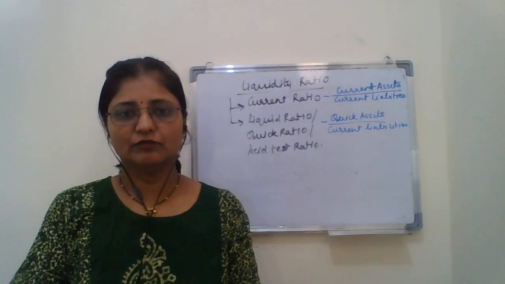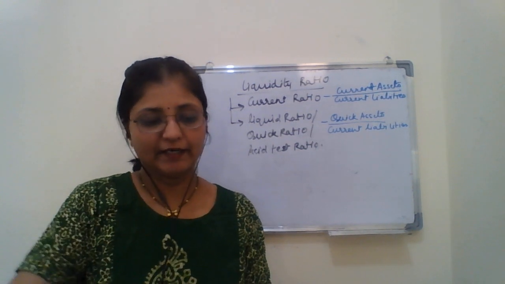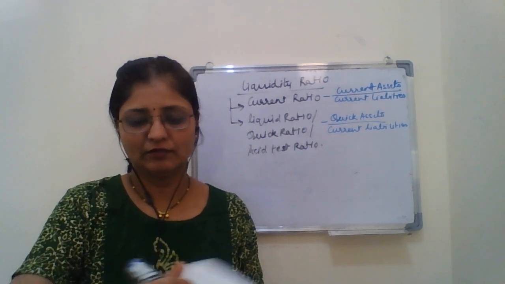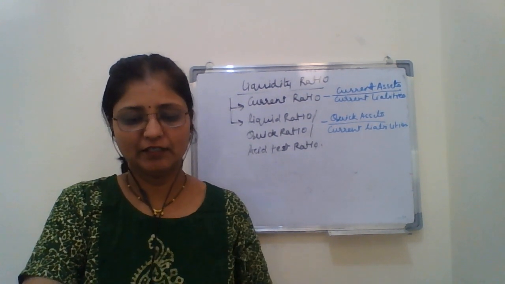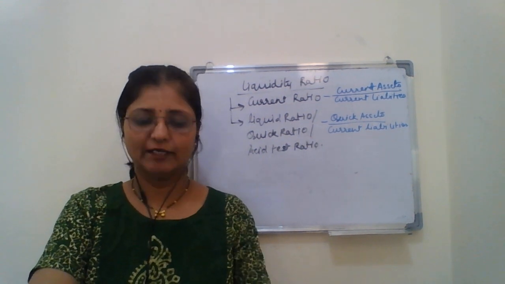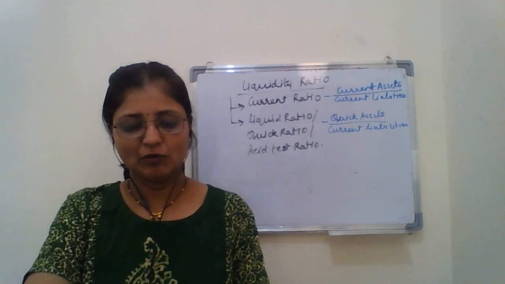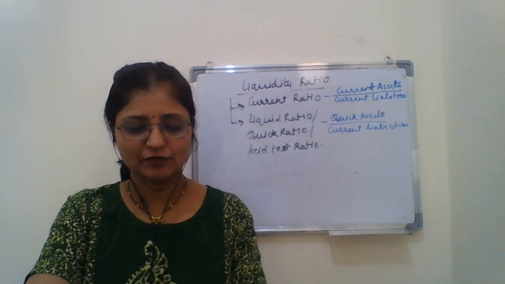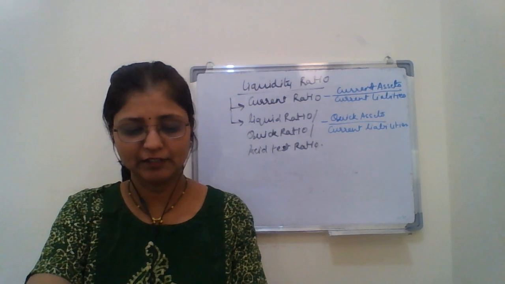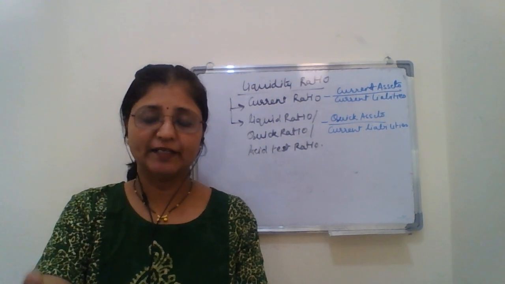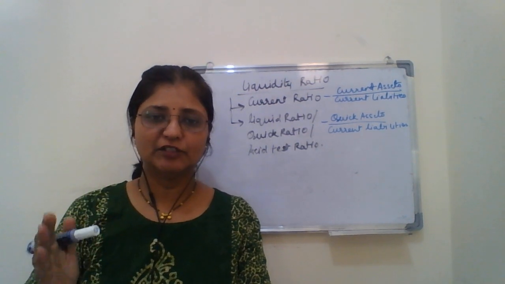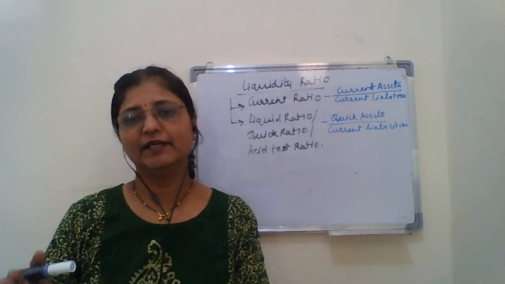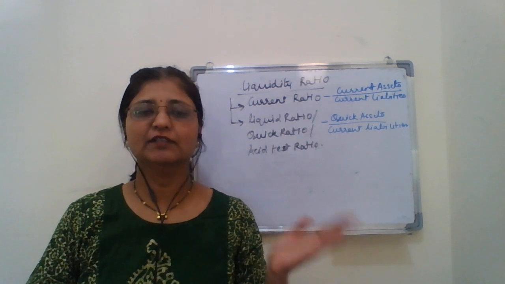So first of all, we should know what the current assets are. There is a definition for current assets given in our book: current assets are those assets either in the form of cash and cash equivalents or which can be converted into cash and cash equivalents within 12 months from the date of balance sheet or within a period of the operating cycle.